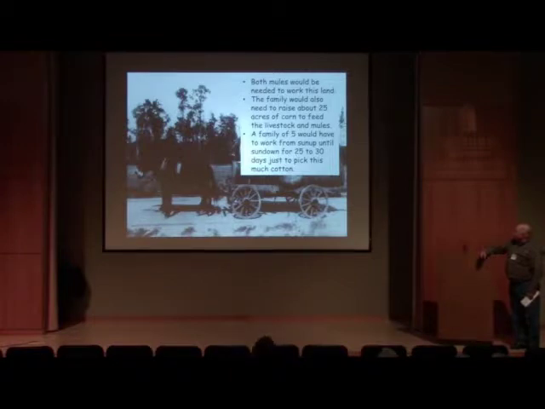A family of 5 would have to work from sun up until sundown for 25 to 30 days just to pick this much cotton. I did the calculations, assuming the mom and a dad and 3 kids, all 3 of them working sun up to sundown for 25 to 30 days. And so you think about harvest starting at the end of August, and of course you have some rainy days, you have some bad days, some days it's too wet to get in the field.